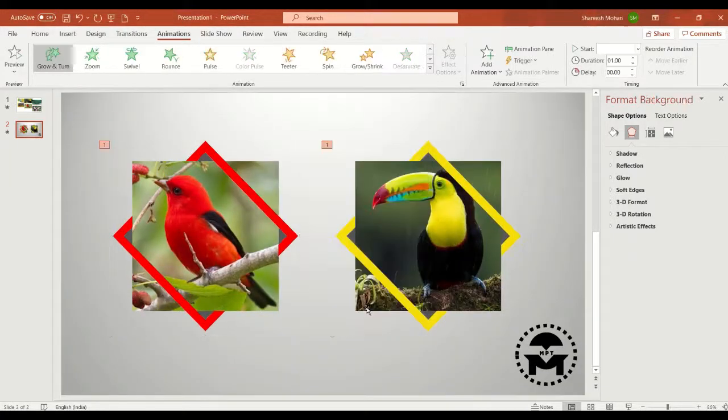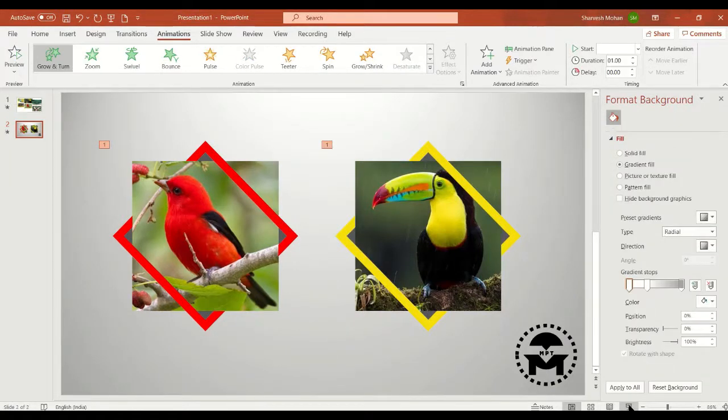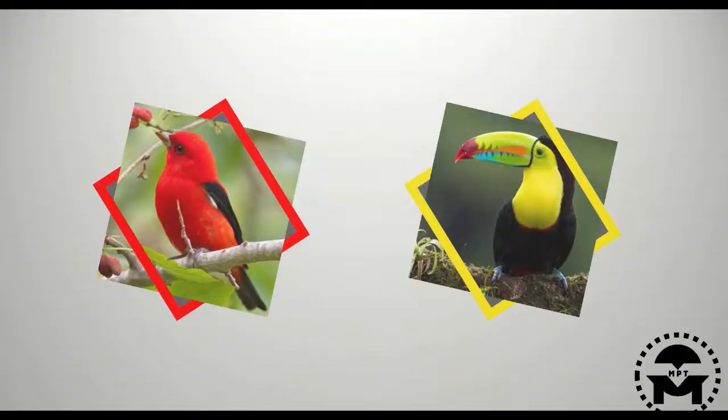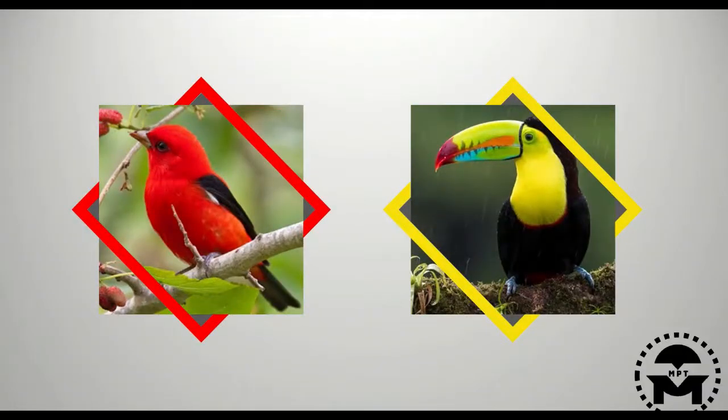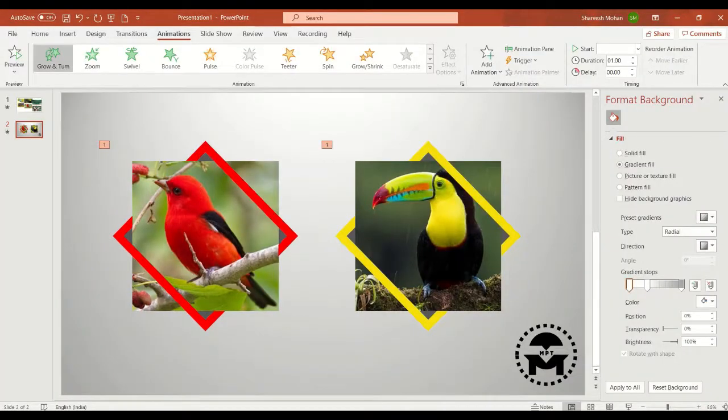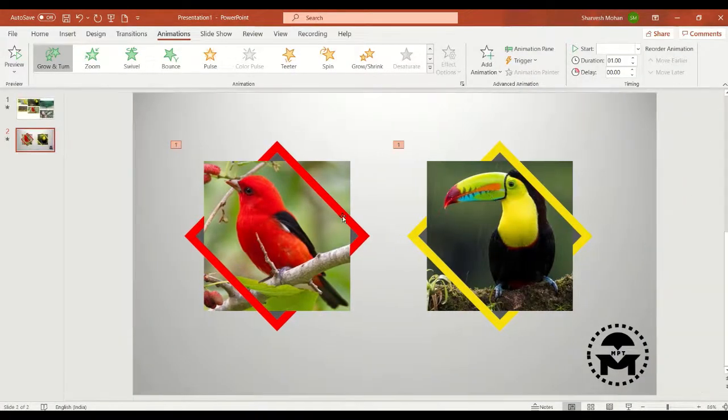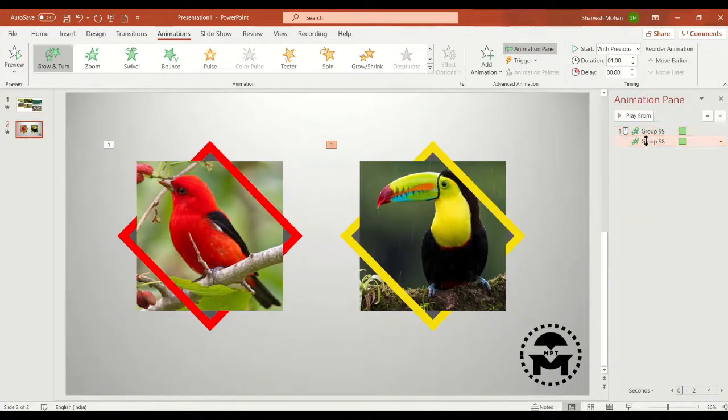Choose this one and animate like this. So we'll animate the pictures one by one. Let's go to the animation pane, select this one and set it on click.